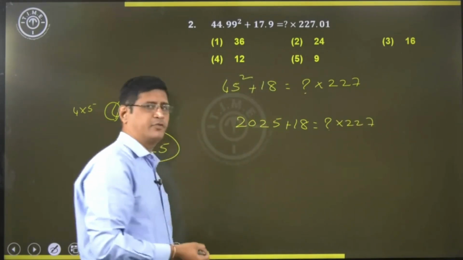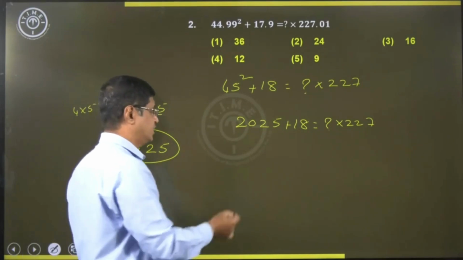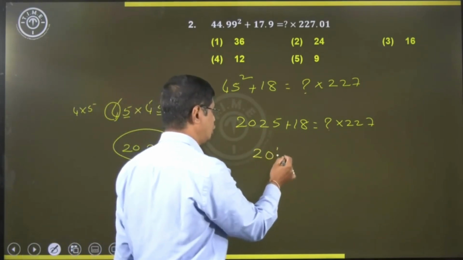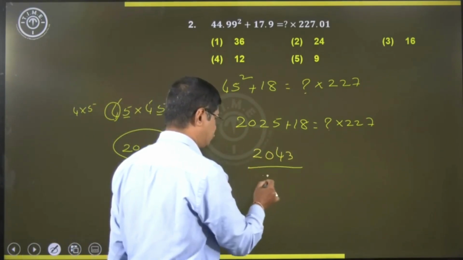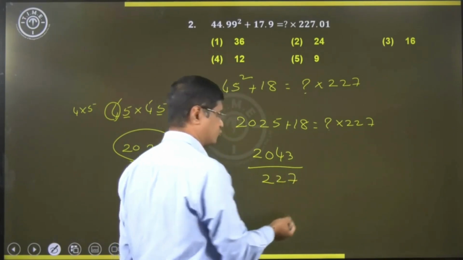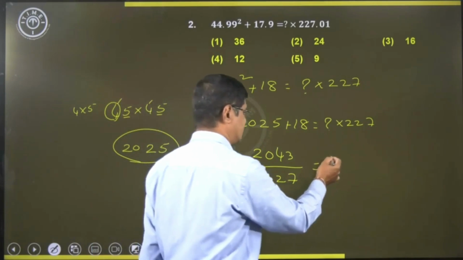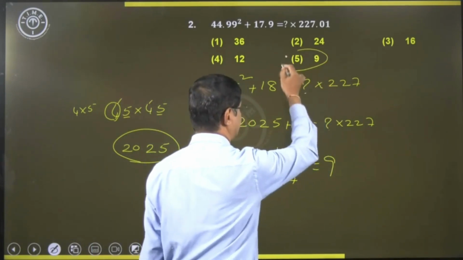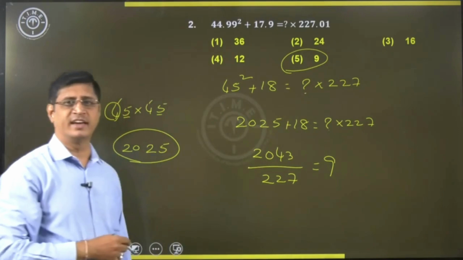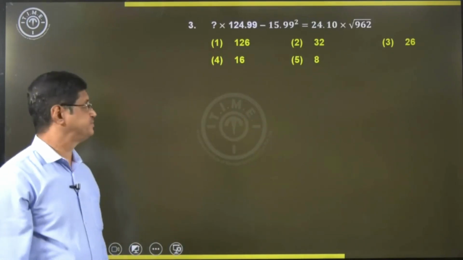How much is the sum of 18 and 25? That is 43. So 2043 by 227. Yes, my dear students, simplify this. It goes exactly 9 times. So what is the result?